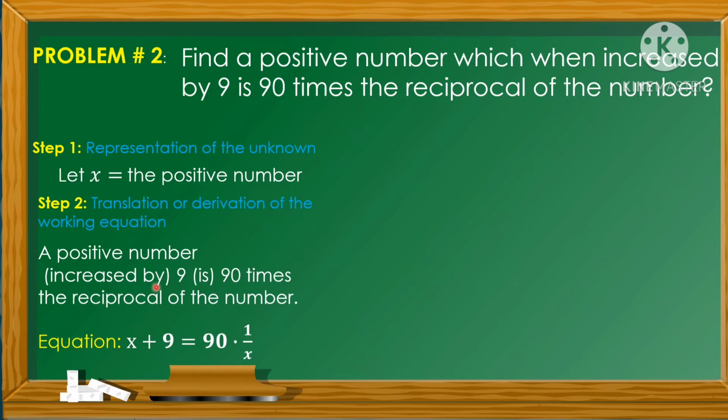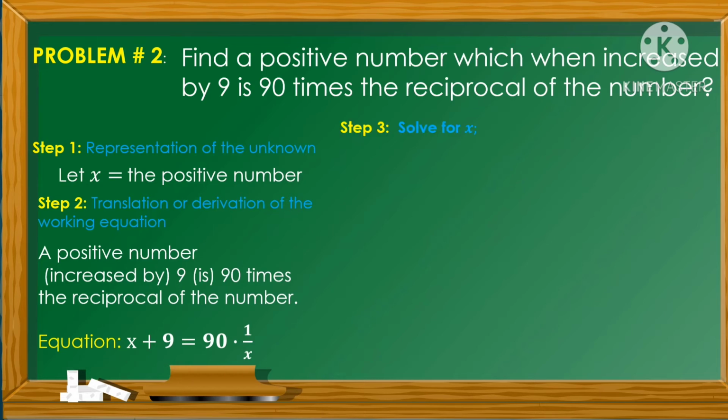Then, increased by implies addition. Then 9 is equals. Then you have 90 times the reciprocal of x. So the reciprocal of x is 1 over x. Ibig sabihin ng reciprocal, pagpapalitin mo yung numerator and denominator. So yung x, it is understood that it has a denominator of 1. So, pag binaliktad mo, magiging 1 over x. So, this is now our working equation.